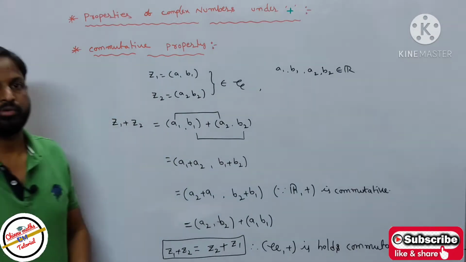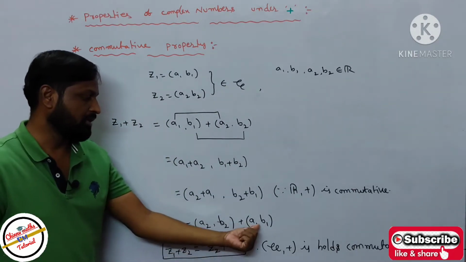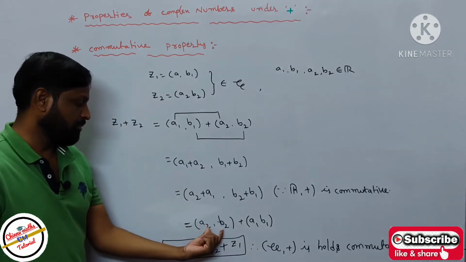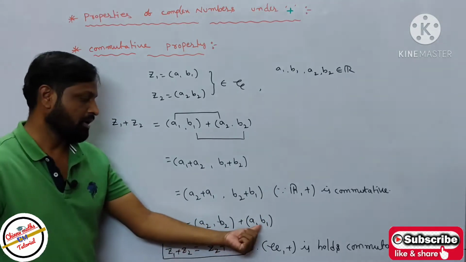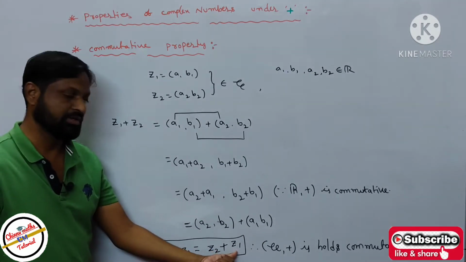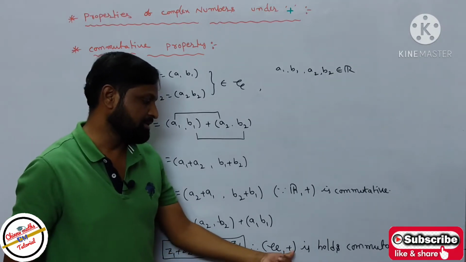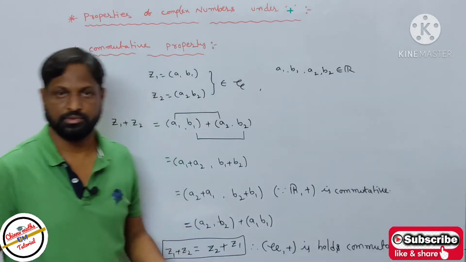Which property? Commutative property. See here, (a2, b2) plus (a1, b1), so (a2, b2) means z2, (a1, b1) equal to z1, so z1 plus z2 equal to z2 plus z1, it is satisfying which property? Commutative property. So therefore C plus holds the commutative property. Clear?